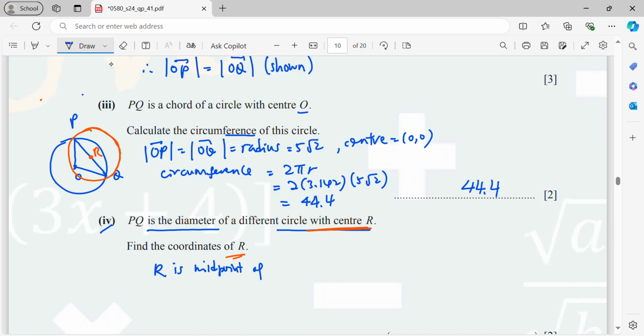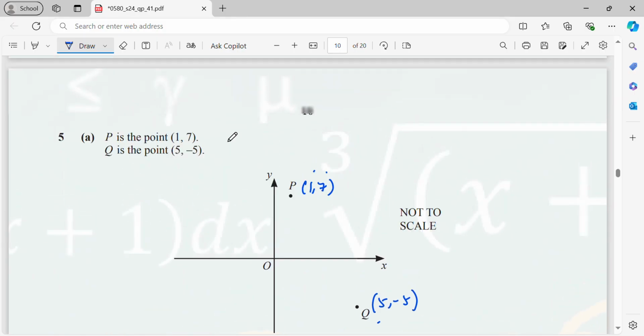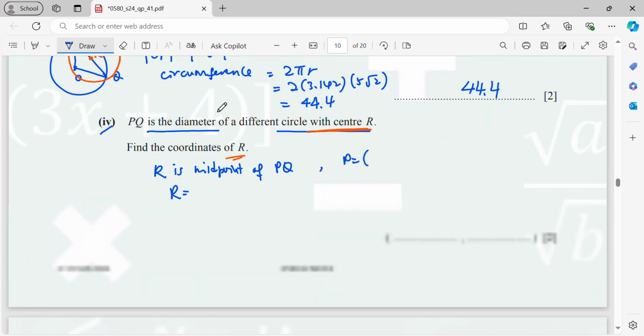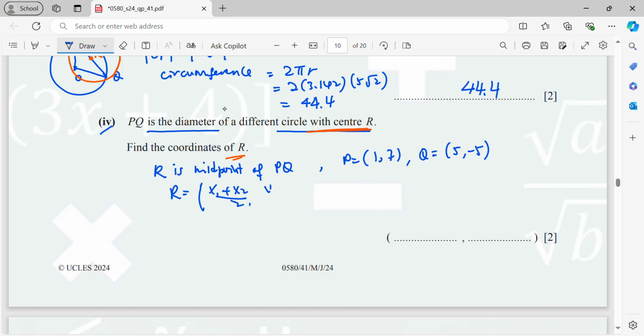Okay, so your R is going to be, now remember your P with coordinates 1, 7, and the other one is 5, minus 5. So the midpoint formula is x1 plus x2 divided by 2, y1 plus y2 divided by 2.